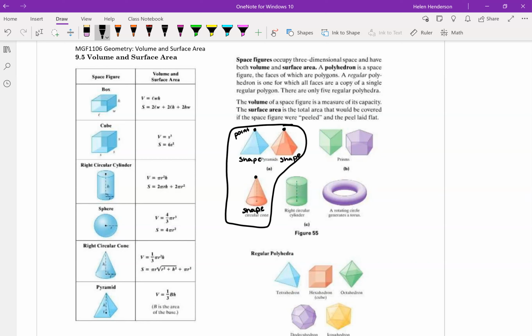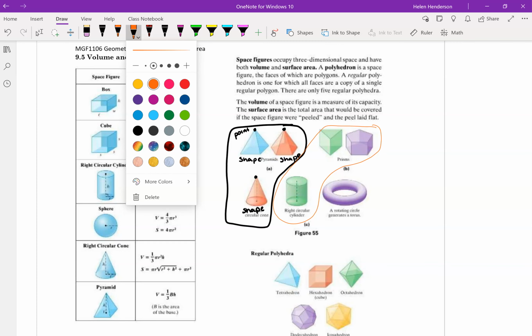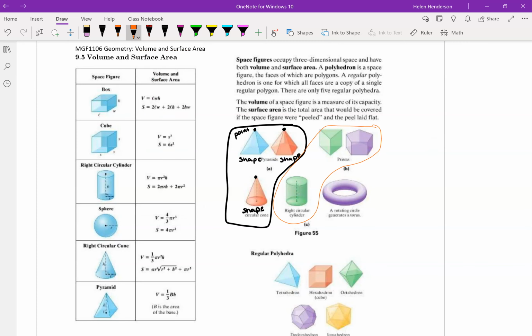Those kinds of figures are going to have one kind of formula, versus these other figures, like these guys here. Those guys start at a shape on the bottom and end at the same shape on top.